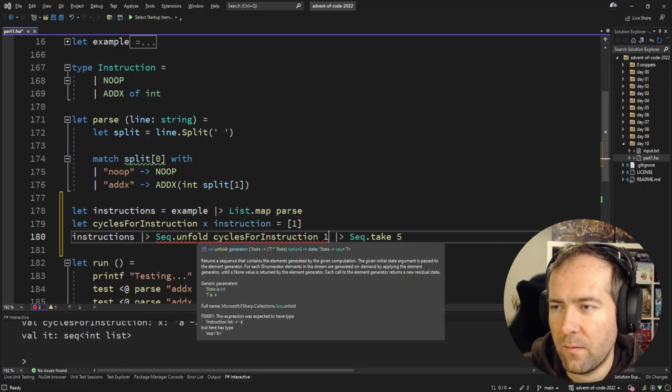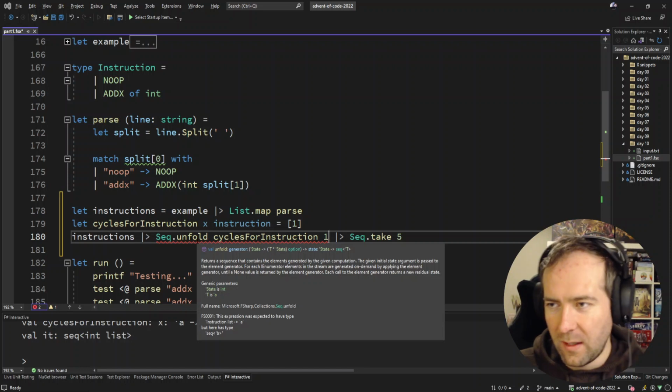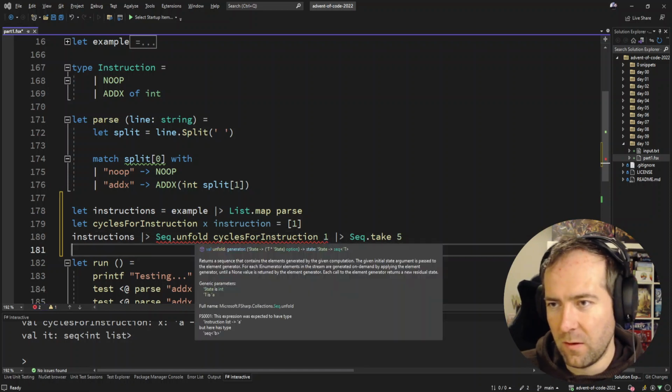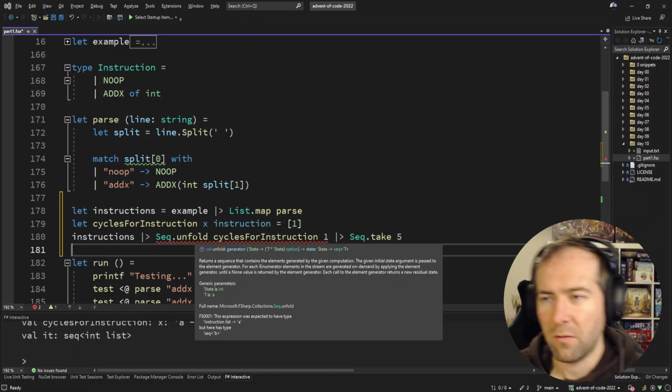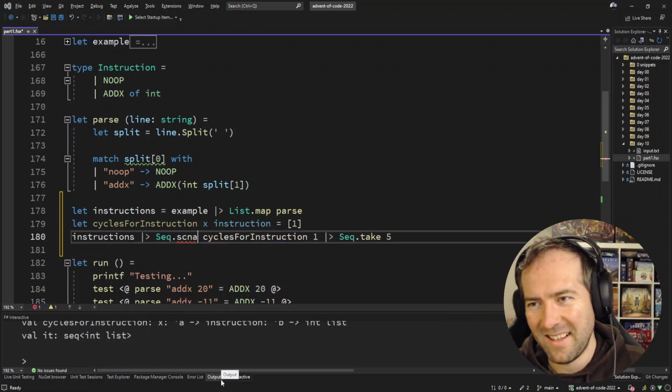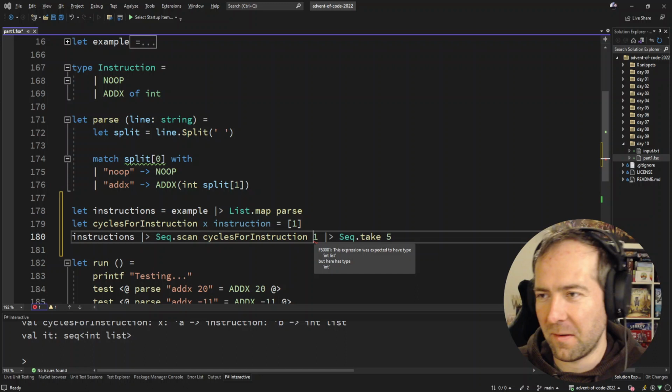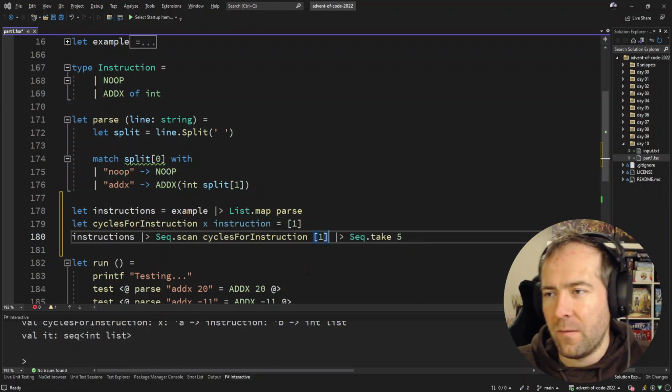Our initial value of state is the 1, so state is an integer. So that is indeed our x. No, we cannot unfold. We need our sequence of instructions. We need to fold. I'm flip-flopping here. Am I happy with that?